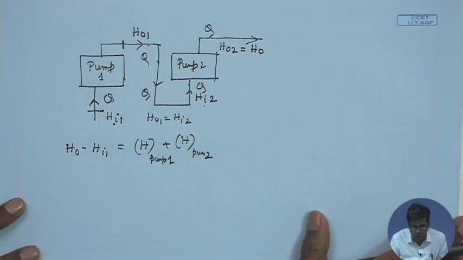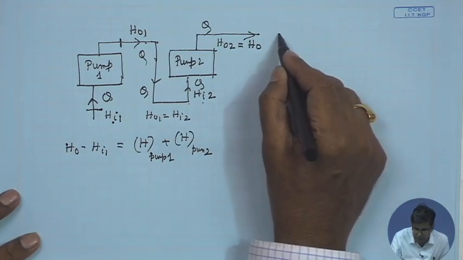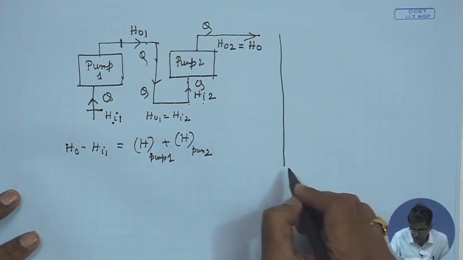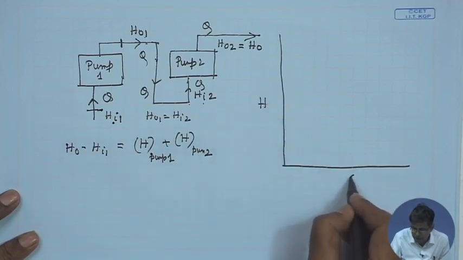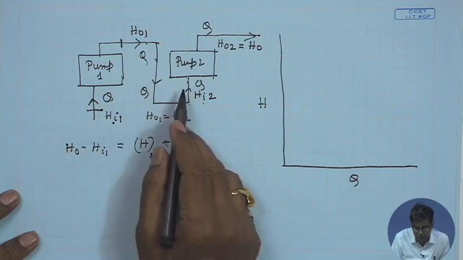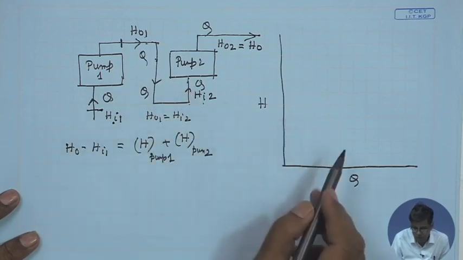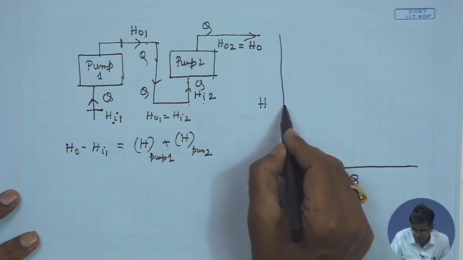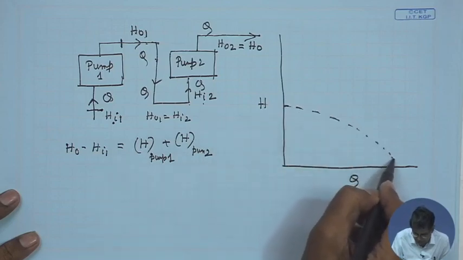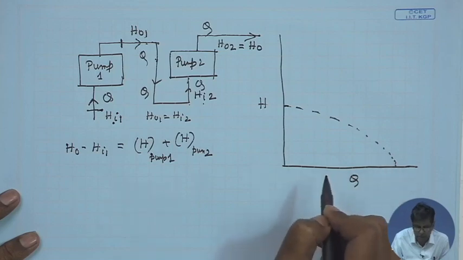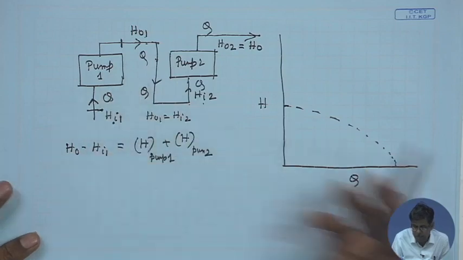So, if we now draw the characteristic curve, we will see that these two pumps may be identical, or may be different pumps also. Let us consider identical pumps, it will be easier to draw the diagram. So, for the single pump, this is the head discharge characteristic. The head discharge characteristic of the combined pump is very simple.